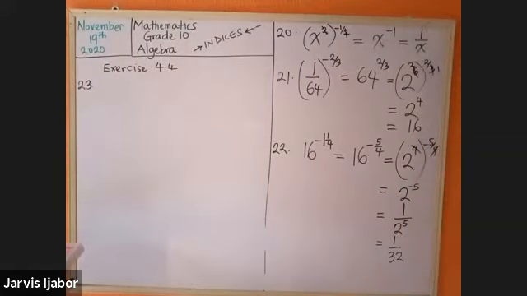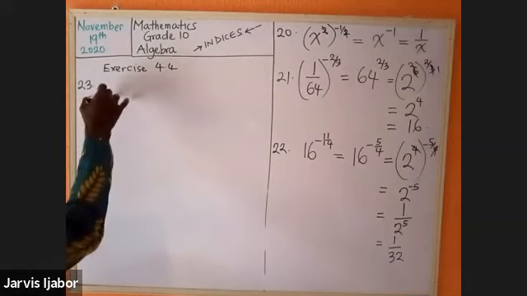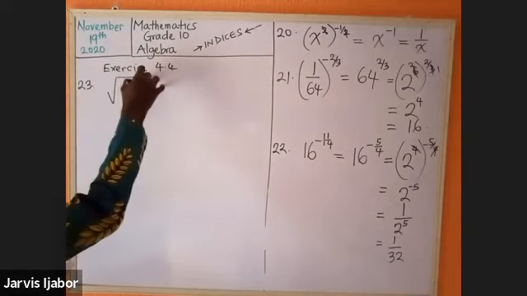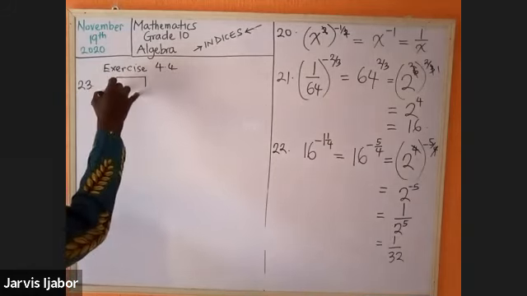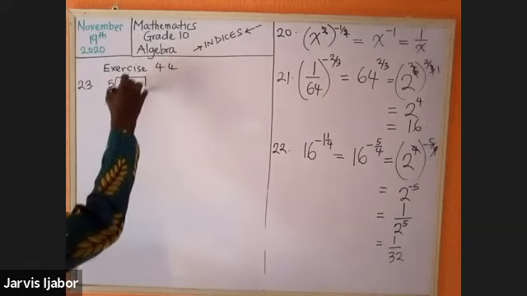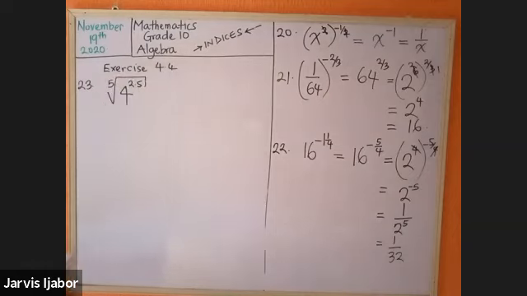In question 23, we have the fifth root of 4 raised to the power 2.5.